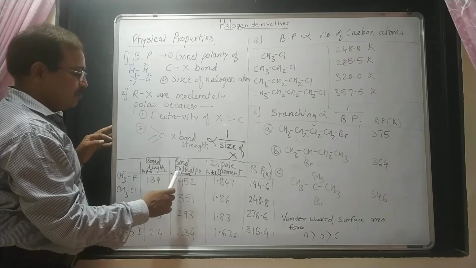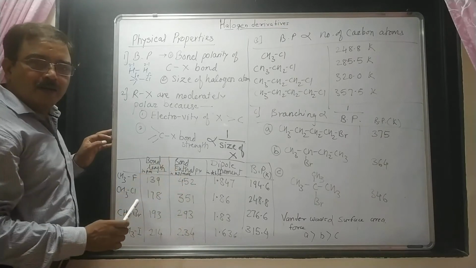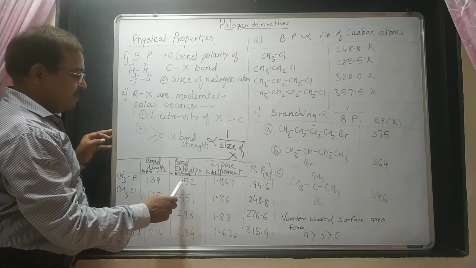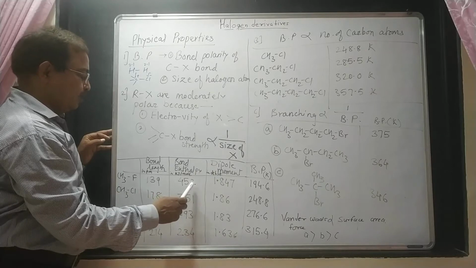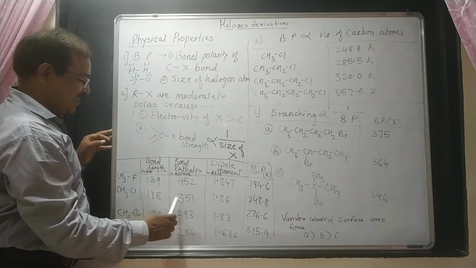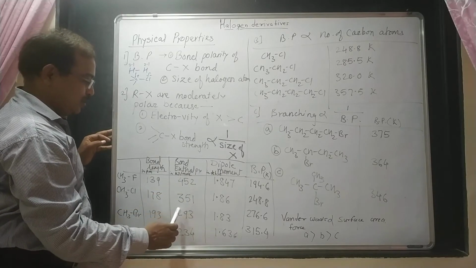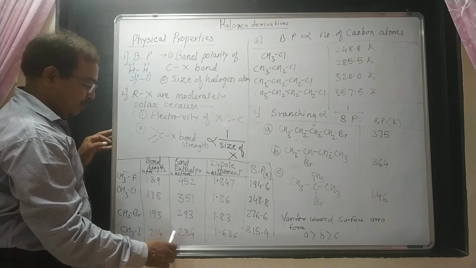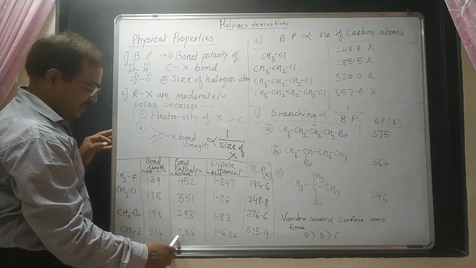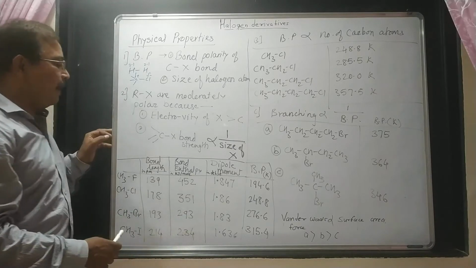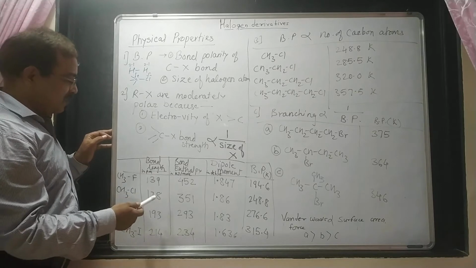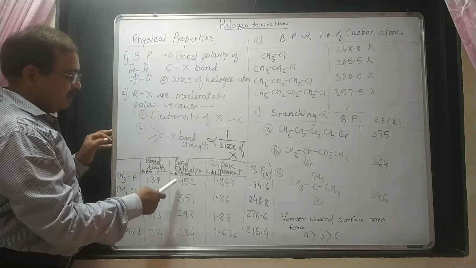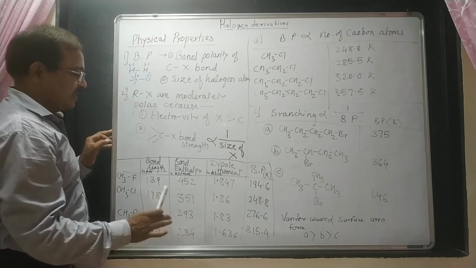Bond enthalpy is measured in kilojoules per mole. The CH3F bond enthalpy is 452 kilojoules per mole, that of CH3Cl is 351 kilojoules, in CH3Br it is 293 kilojoules per mole, and in CH3I it is 234 kilojoules per mole. So what we can conclude is, as the size goes on increasing, the bond enthalpy goes on decreasing.